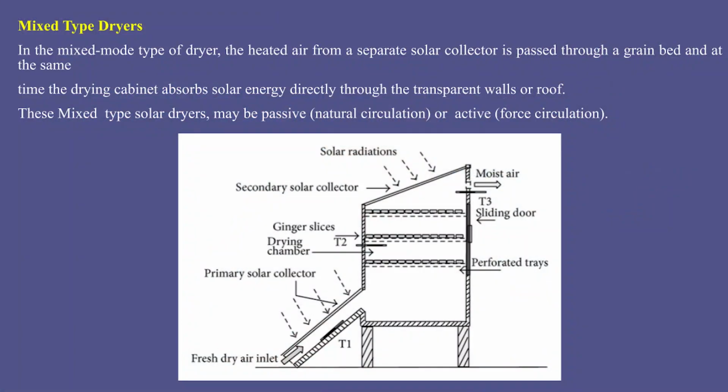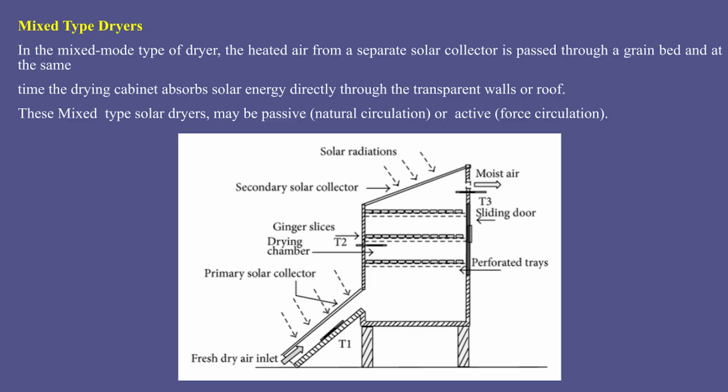In mixed type solar dryers, the heated air from a separate solar collector is passed through a grain bed, and at the same time the drying cabinet absorbs solar energy directly through the transparent walls. The schematic diagram of a mixed mode dryer is shown here. You can see that the direct and indirect modes are both utilized in the mixed mode dryers.